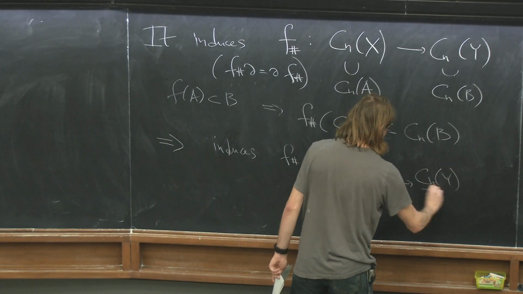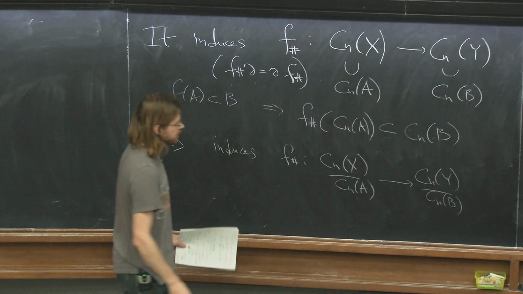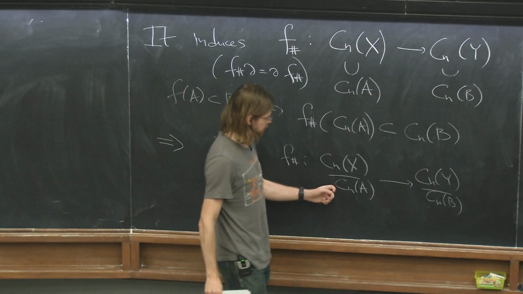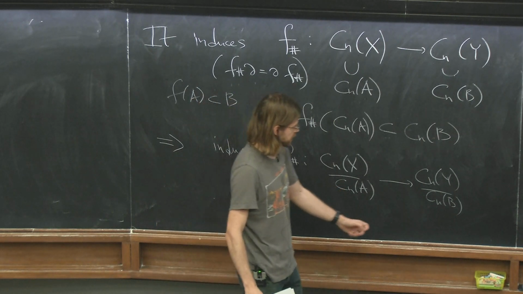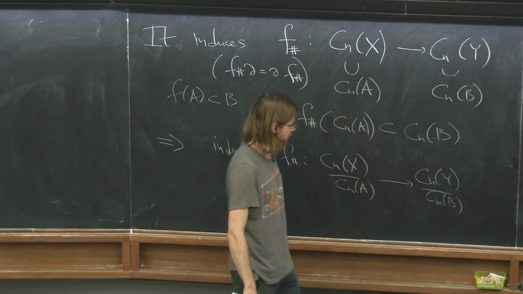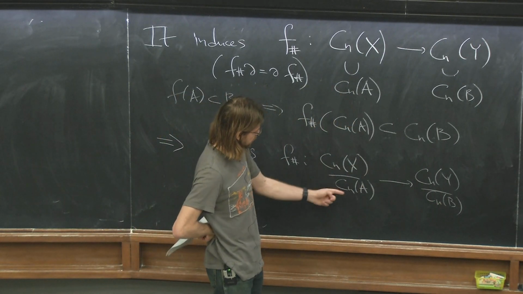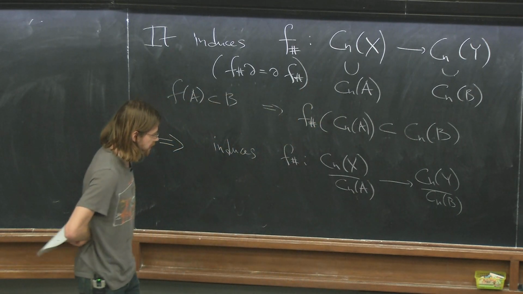Consider the map induced on the corresponding quotients. So this will be well defined because, again, an element in the numerator here is mapped to an element in the numerator here. So if you choose a different representative with respect to this quotient, the result will be in the same class.